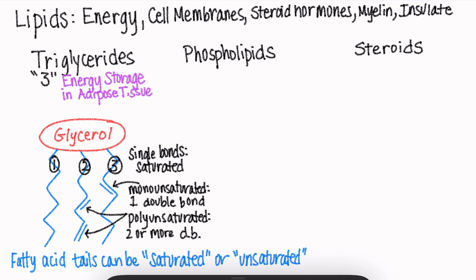And we have an enzyme called lipase that helps to break apart these carbon chains. Your pancreas makes this enzyme called lipase, and it's important in the digestive process. Triglycerides are also going to cushion organs and insulate and keep them warm.